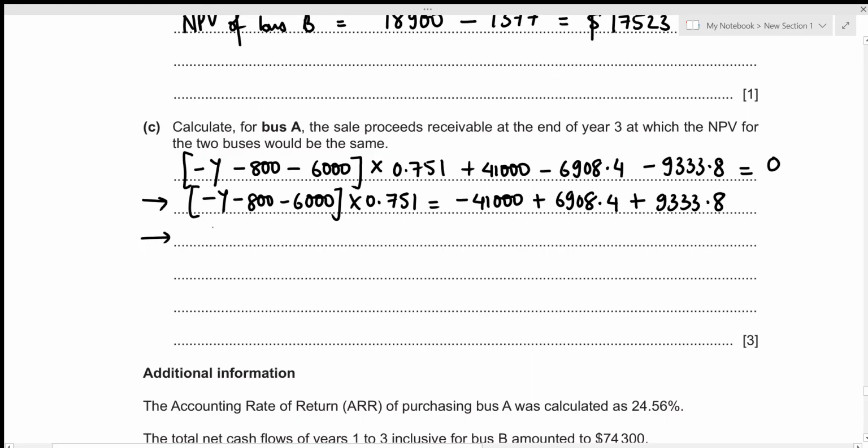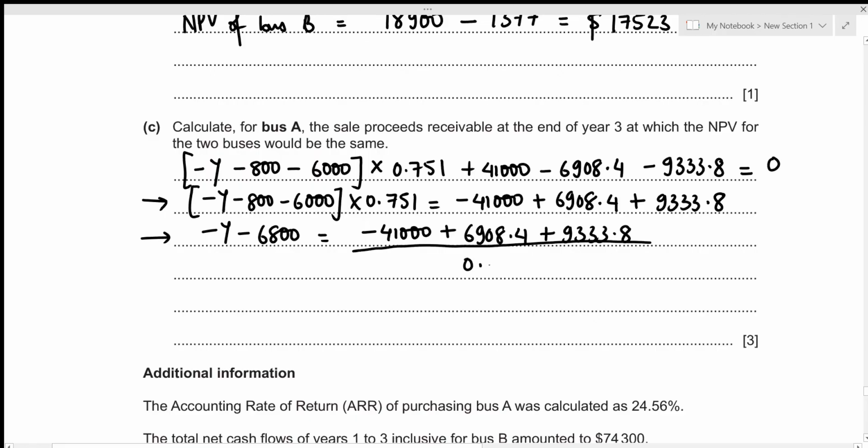So that's just going to be negative y, negative 800, negative 6,000 gives negative 6,800, equals negative 41,000 plus 6,908.4 plus 9,333.8 divided by 0.751. So that's just going to be negative y equals positive 6,800. And this value is negative 41,000 plus 6,908.4 plus 9,333.8 divided by 0.751, which gives negative 32,966.44.